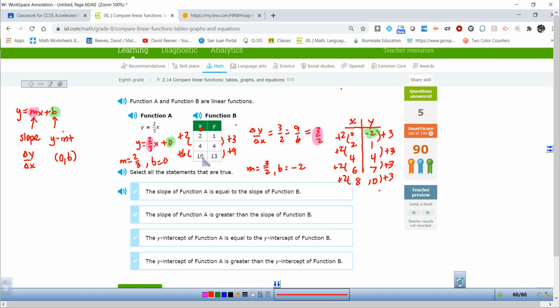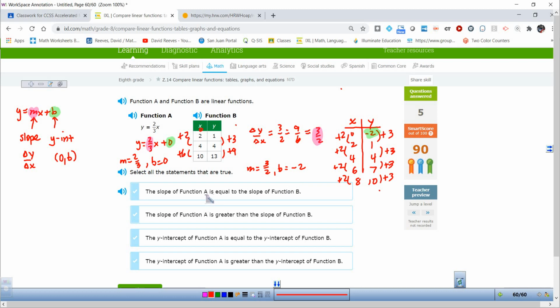See? 3 times 10 is 30, divided by 2 is 15, and 15 minus 2 would be 13, right? 3 times 4 is 12. 12 divided by 2 would be 6, and 6 minus 2 is 4. 3 times 2 is 6. 6 divided by 2 is 3, and 3 minus 2 is 1. So it works.